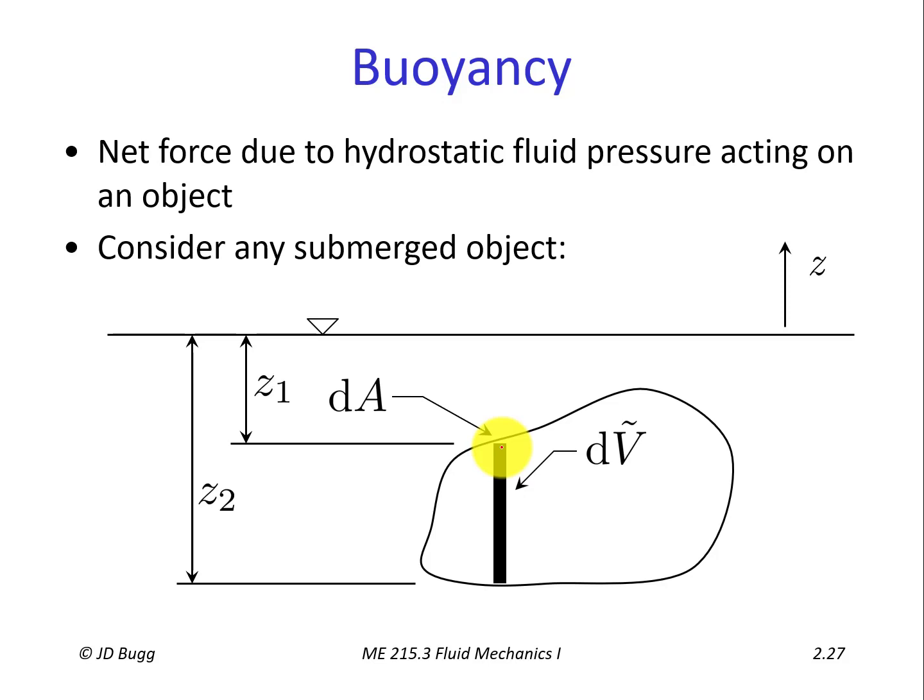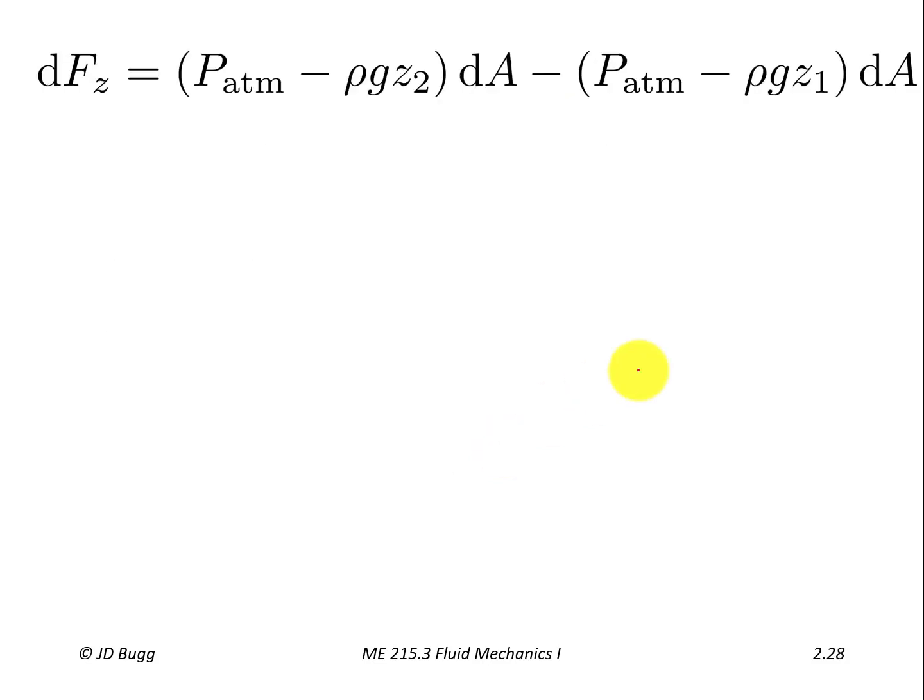Now notice we're not calculating all 3 components of the force here. We're only calculating the vertical component, so the component in the Z direction. So we're going to denote this force as dFz. Notice no vector here, but instead we have a subscript Z to remind us we're calculating the Z component of this force.